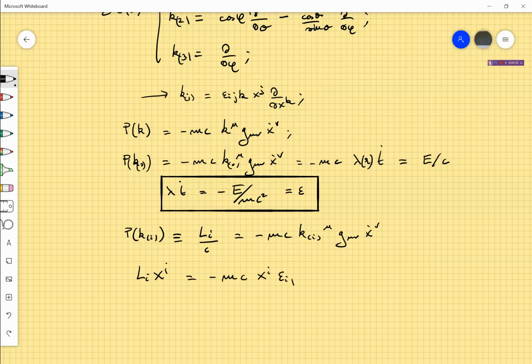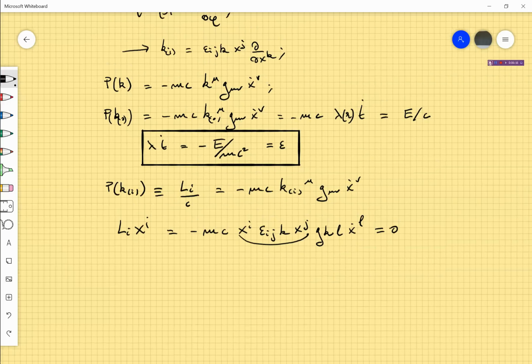This is epsilon ijk xj, and then the component k comes here, and the metric has no mixed time-space component, so this has to be another spatial component. Let me call it xl. It doesn't really matter. The only thing that we want to show here is that this is clearly 0, because this is symmetric in i and j, and epsilon ijk is antisymmetric, so this is 0.